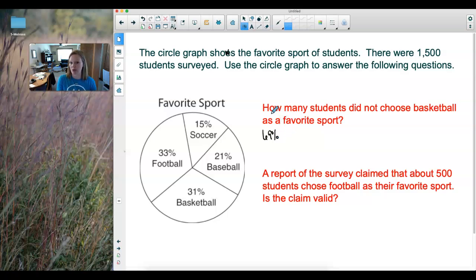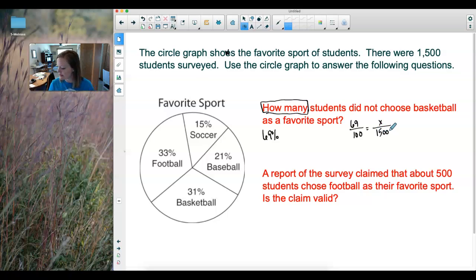I don't want to know the percent. I want to know how many. So then we need to figure out how many is that. Okay, at that point, we're going to set up a proportion. And we hopefully remember how to do this. We take our percent, 69 over 100, and X over the 1,500 students, because that's the total.